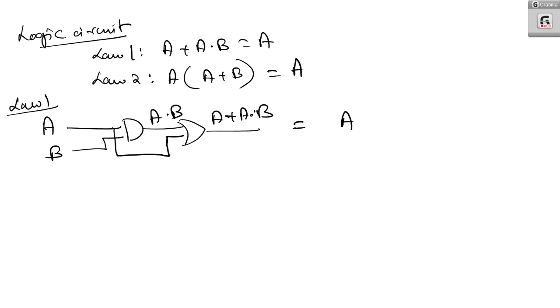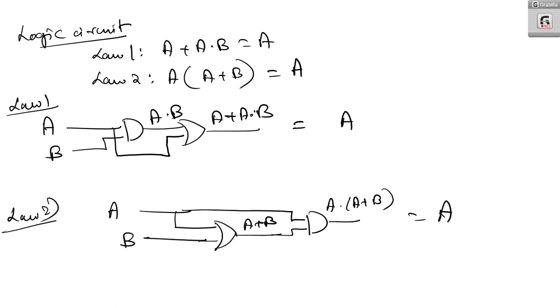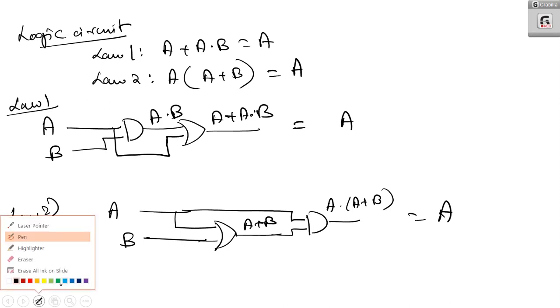Similarly, for law 2, how will you draw? A or B, and A. That is A and A or B. That is same as A. So let me try to prove it using the circuit.